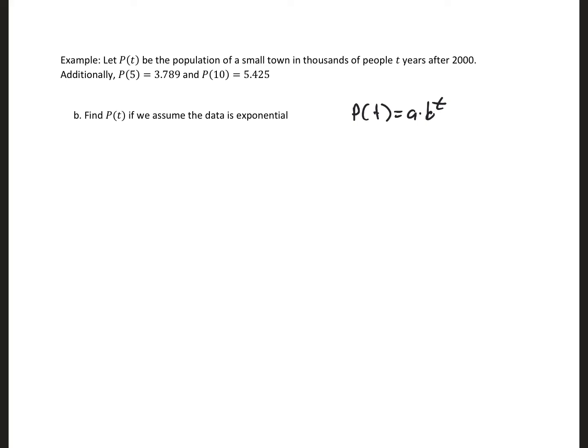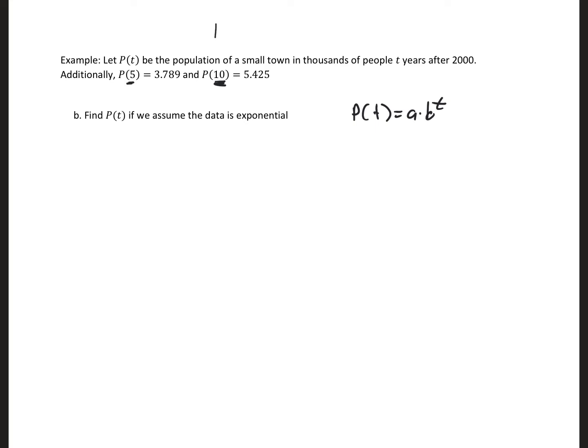We're going to find the thing that's driving it first, but instead of finding the slope, we're going to try and find the growth factor b. So to do that, we're going to use the proportional relationship, but now instead of increasing the input by 1, I'm increasing the input from 5 to 10. I'm actually increasing it by 5.